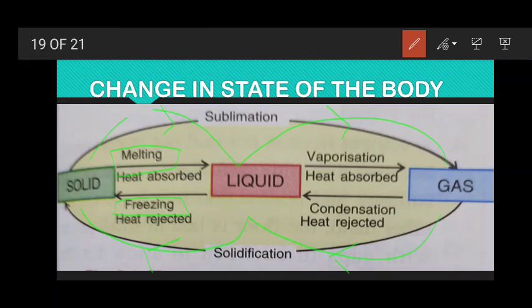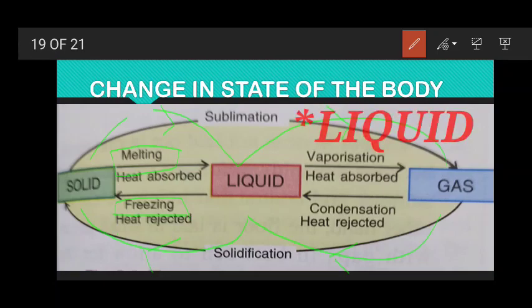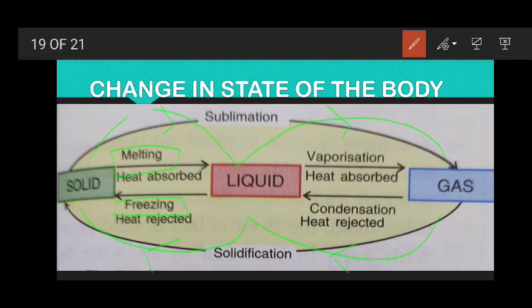So first I'll discuss vaporization. When a liquid is heated, it changes into its vapor at a fixed temperature, and this is called vaporization. And the reverse of this process is called condensation. In condensation, the vapor condenses into liquid at the same fixed temperature. Clear?